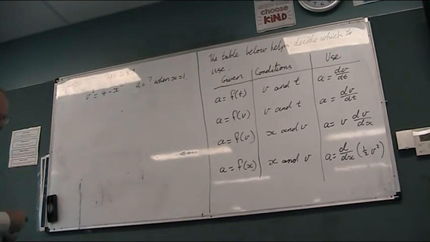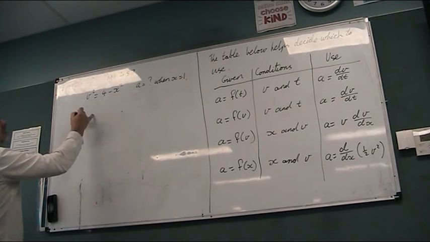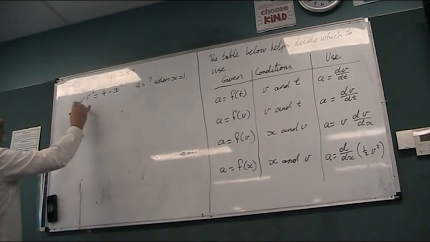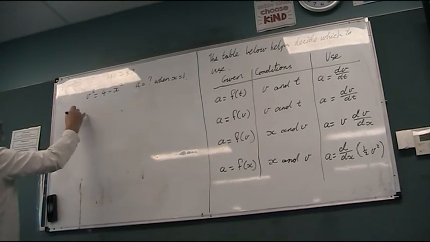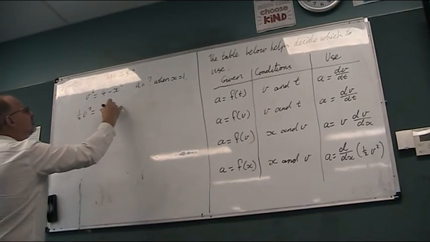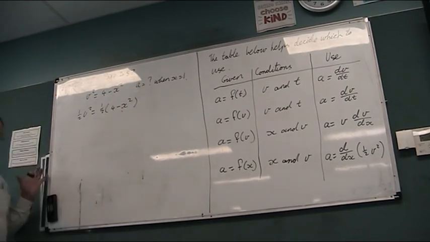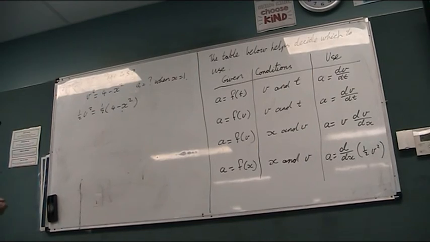So, I'm going to do it differently to the way that they do it. If I times a half both sides, because I can do anything to both sides as long as I do it to both sides, yeah?